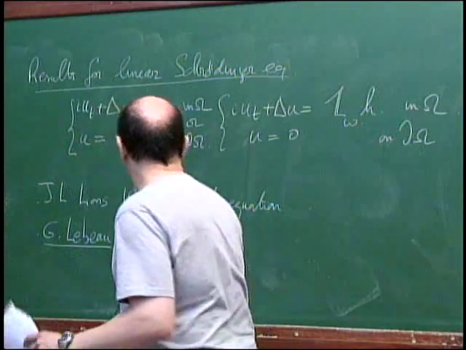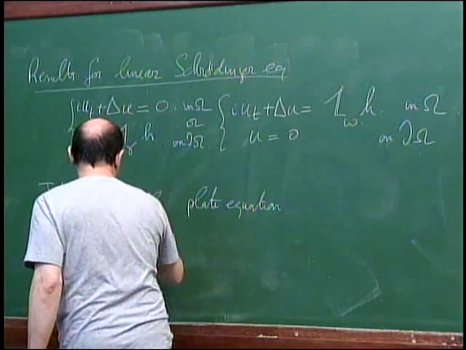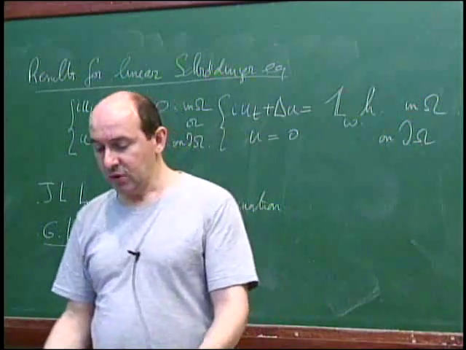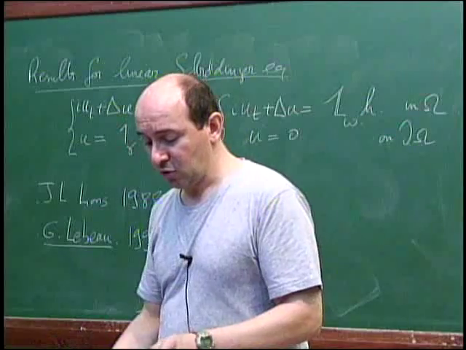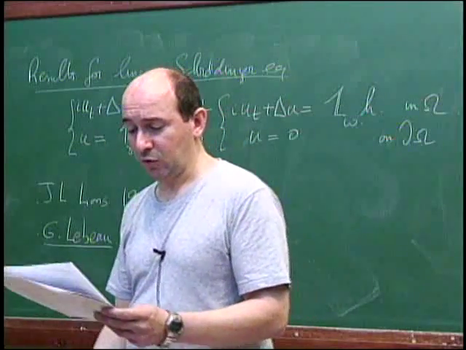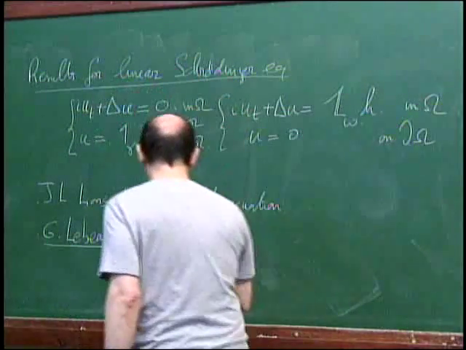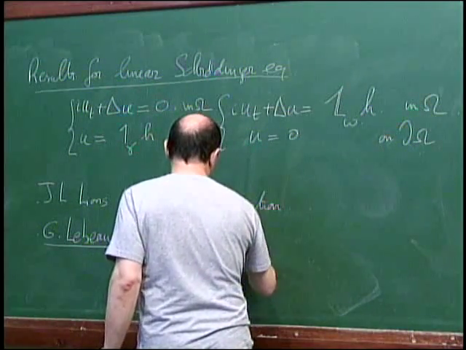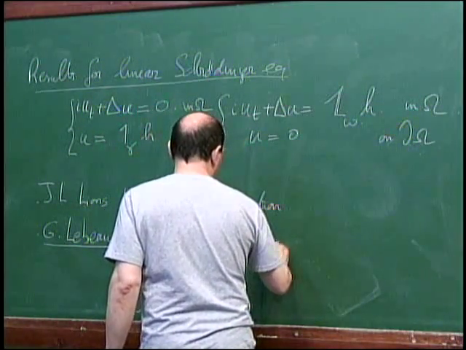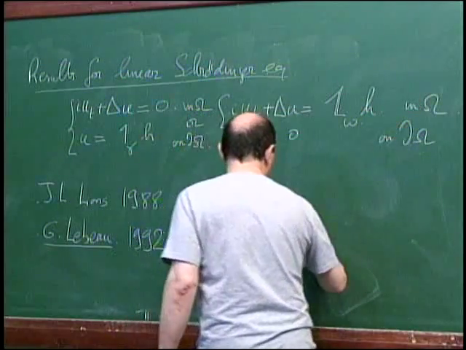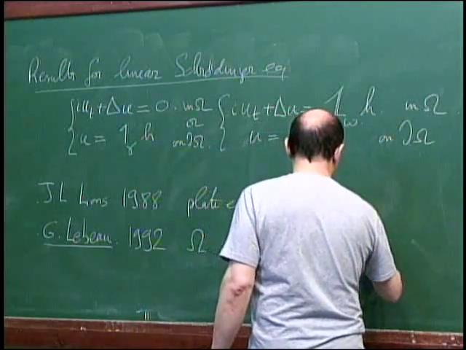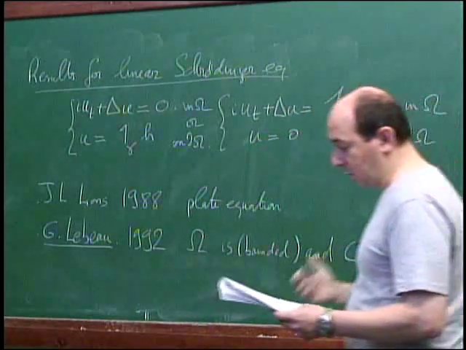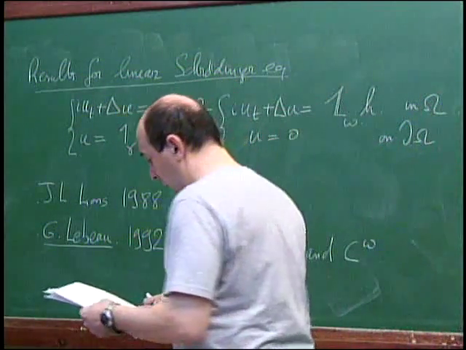It was proved in 1992. It tells you that when the wave equation is controllable, the same is true for Schrödinger equation. Well, there are some assumptions. So omega is, of course, bounded, but analytic. It is a strong assumption. So the boundary is very regular.